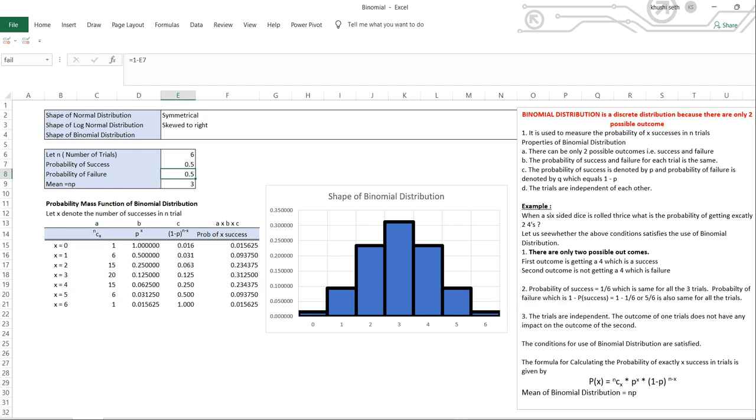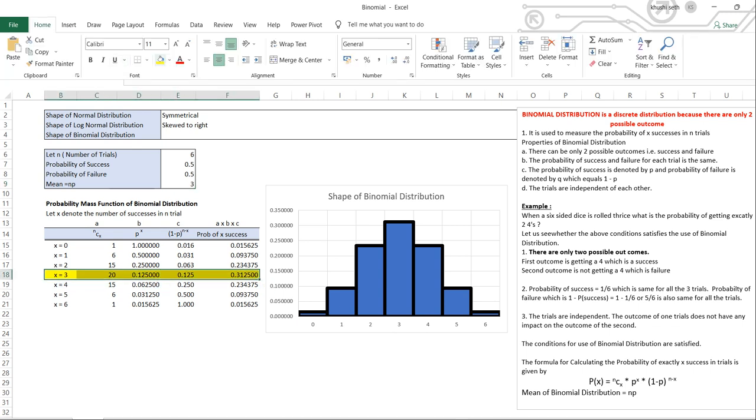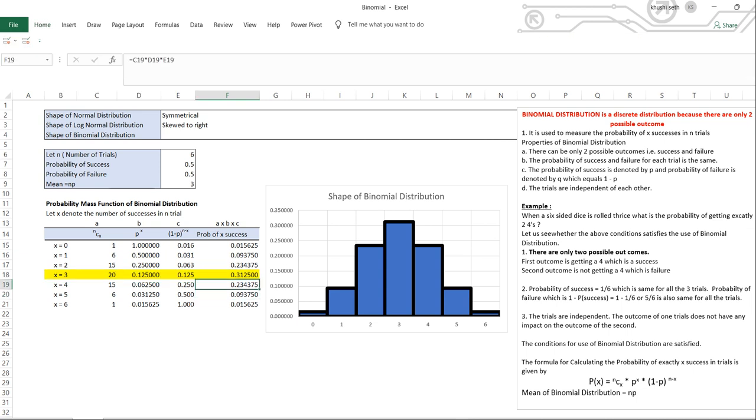When the probability of success is 0.5, the binomial distribution is symmetrical. The mean of the binomial distribution is 3, and we can see that there are equal probabilities on either side of the mean. The probability of having 0 successes is equal to the probability of having 6 successes.